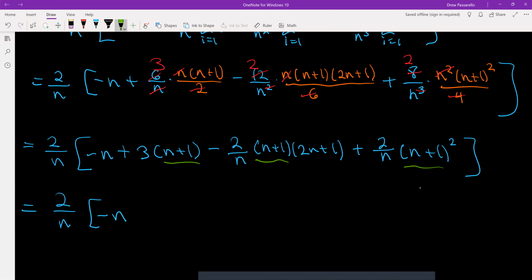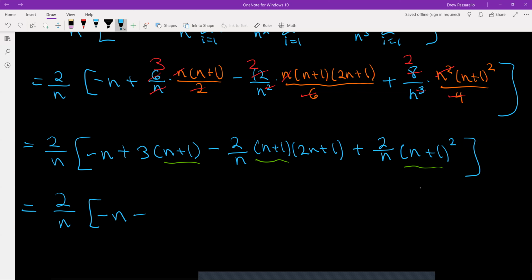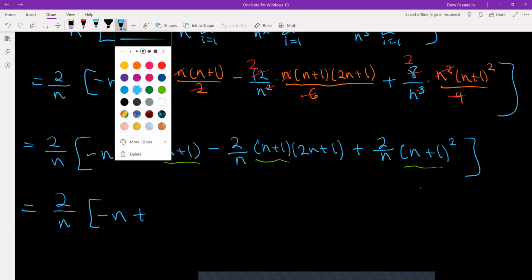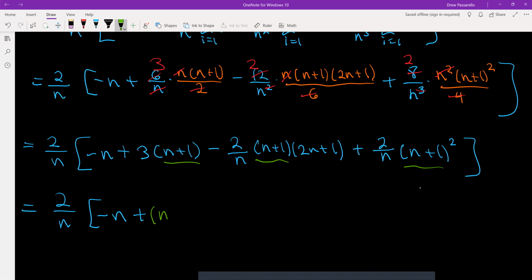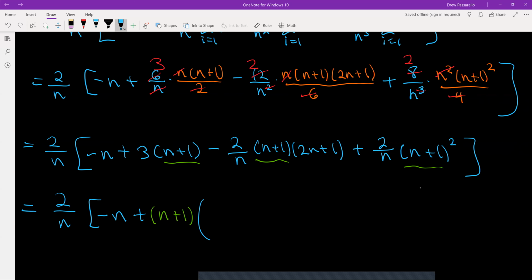So what I'm going to do is factor out n plus 1. All right, so I'll factor out n plus 1. And what is that going to give me? I'm going to put in parentheses the result after I factor out n plus 1 from the 3 terms that have underlined n plus 1.